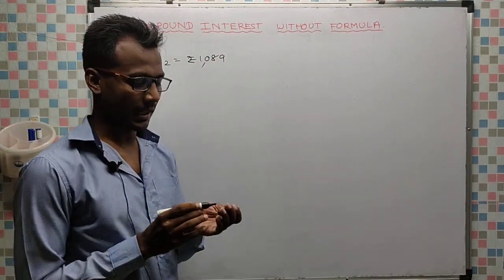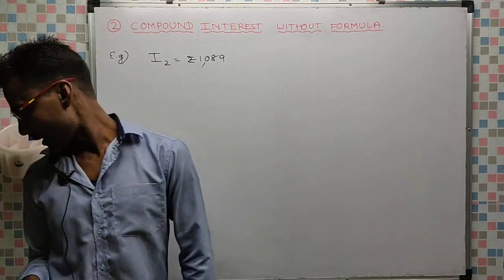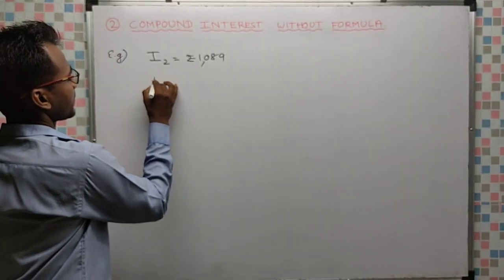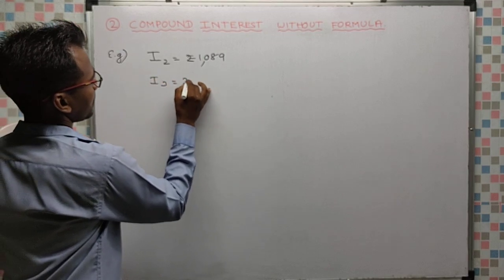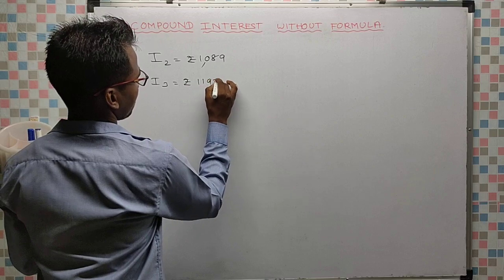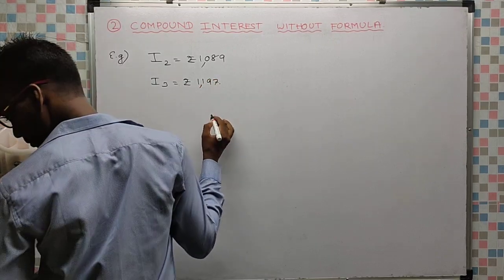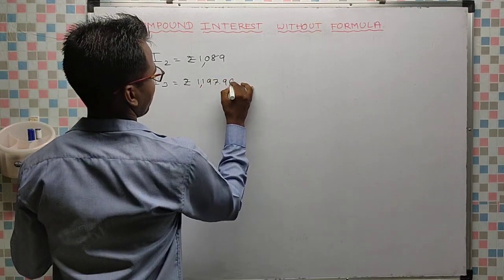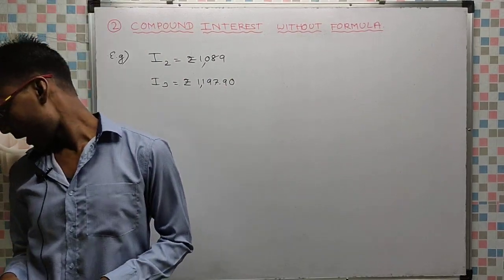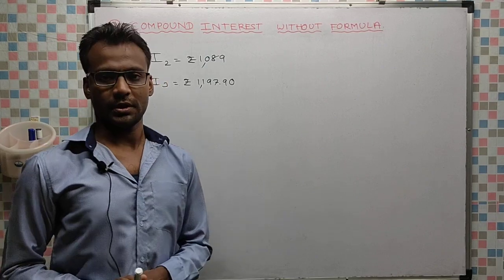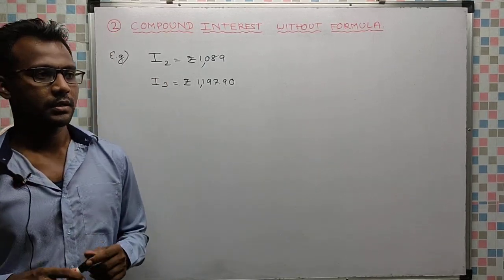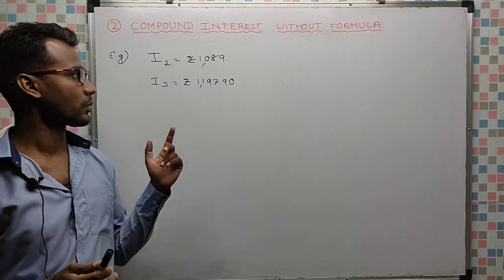And for the third year I3 is rupees 1197.90. I2 and I3 have been given to us, and we have been asked to find the rate of interest.